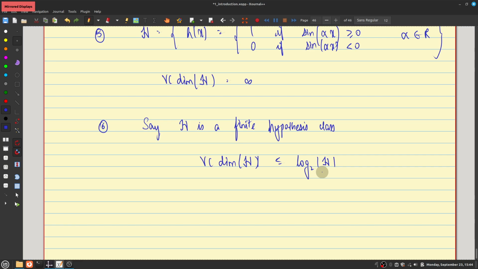If the size of H is 2 to the power of some integer, then that's a different story. The cardinality of H restricted to a set of size D is 2 to the power D, yes. But D need not be equal to log of the size of H. That's the point.